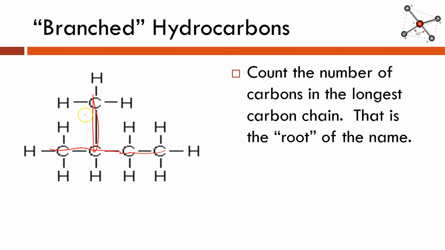I have to retrace my steps, and that is not allowed. So with the longest continuous chain being 4, I'm going to use what prefix? Hopefully by now you're going to use the prefix but-. This is all single bonded together, so we're going to use the suffix -ane for an alkane.